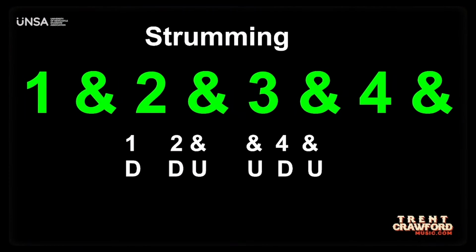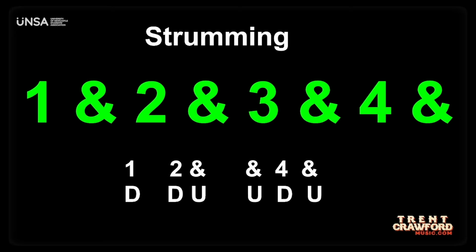Now, let's do this. So if I put in every strum, 1 and 2 and 3 and 4 and, like so, that would be pattern 1. So for example, this isn't a great screen, but you get the idea.